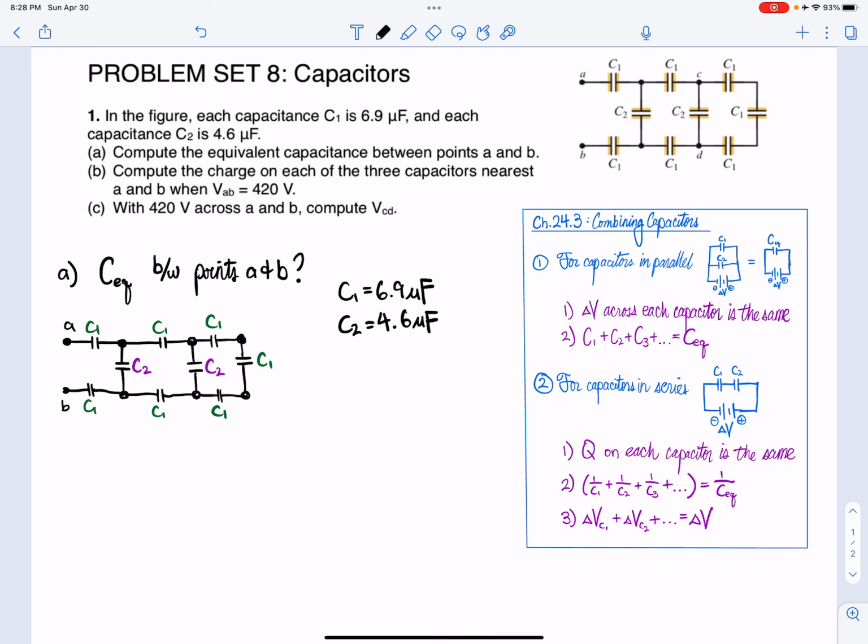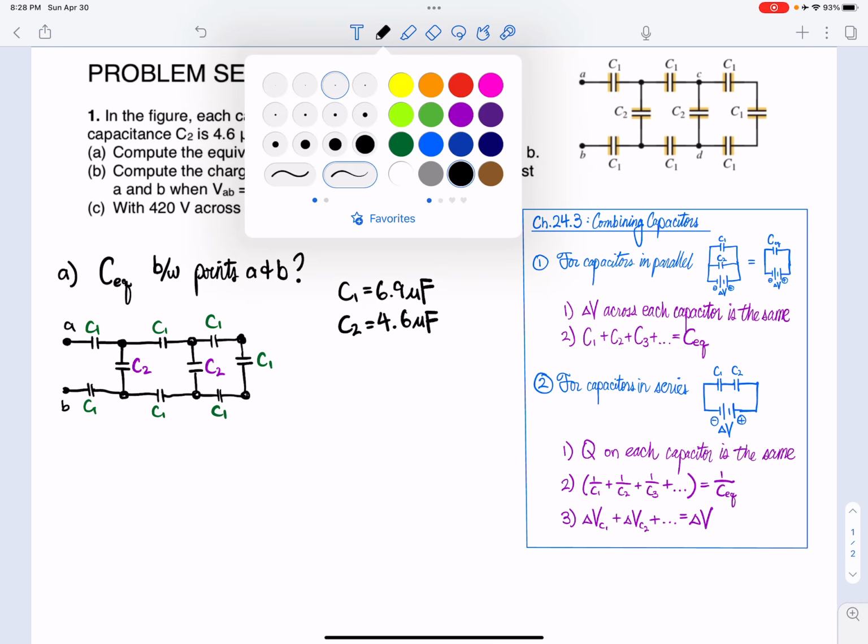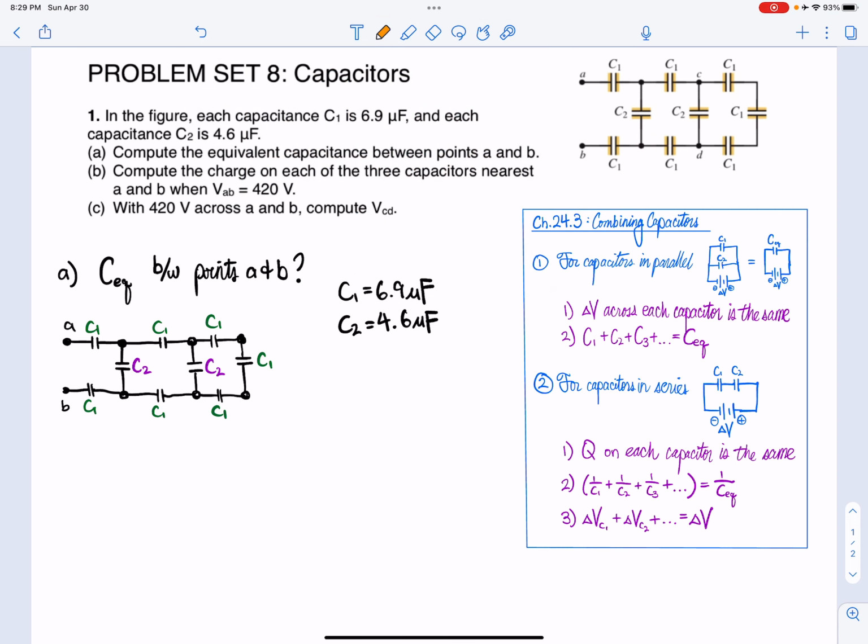So my equivalent capacitance is going to be equal to 1 over C1 plus 1 over C1 plus 1 over C1, to the negative 1, because 1 over C equivalent is equal to this. And that's for these guys.